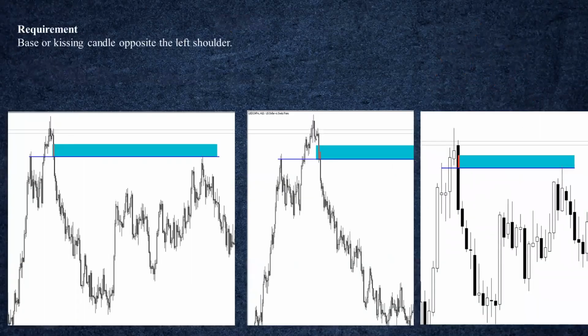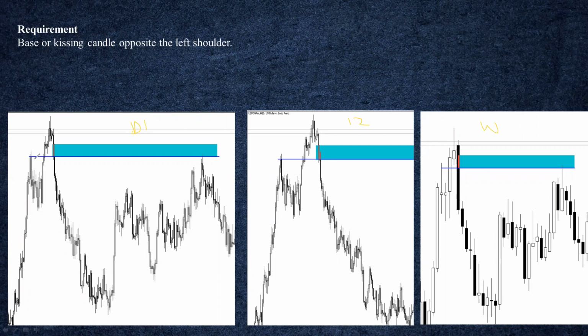Second confirmation, you want to find a base or a kissing candle opposite the left shoulder. So this is USD CHF, weekly chart, 12-hour chart, and then a daily chart.